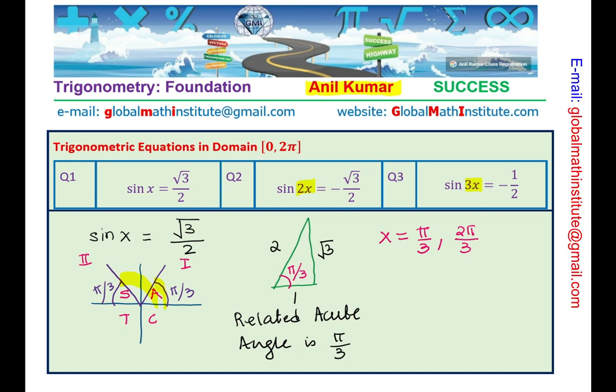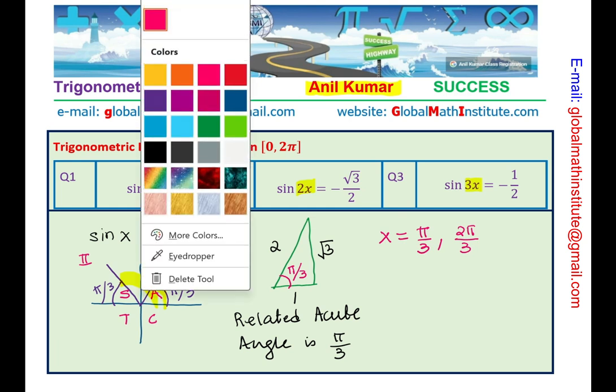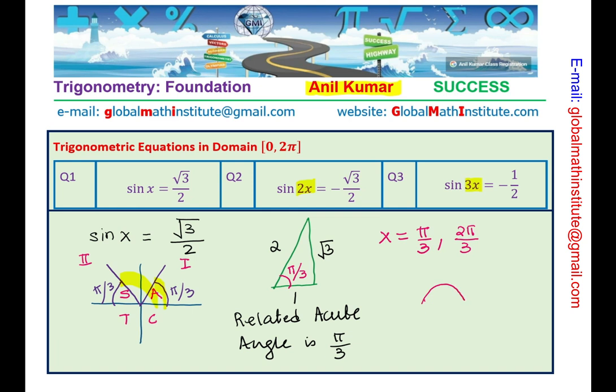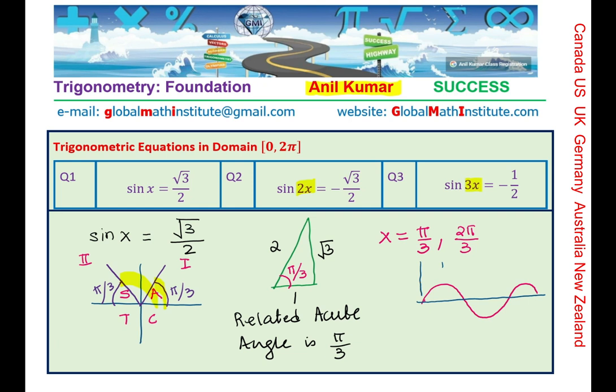Let us also understand this concept with the graph of the sine function. This is your sine wave. It starts with 0 and goes to a maximum at 1. When the value is square root 3 by 2, if I draw a line at square root 3 by 2, it intersects at two places.